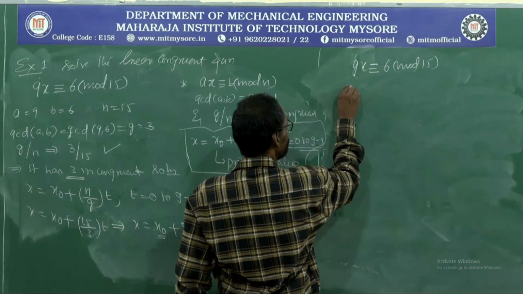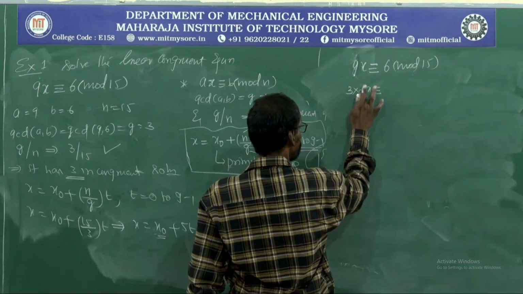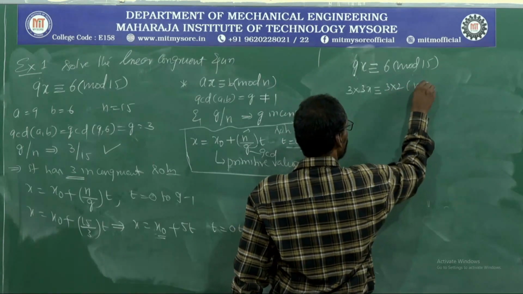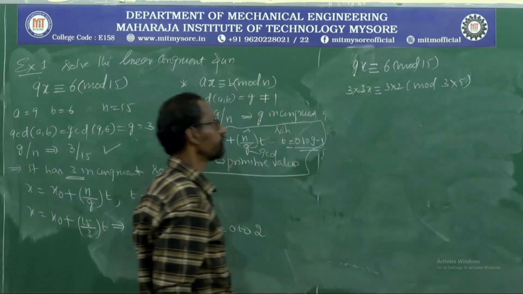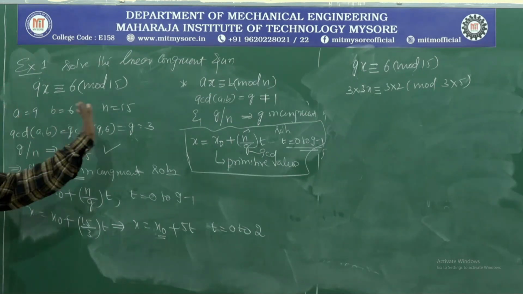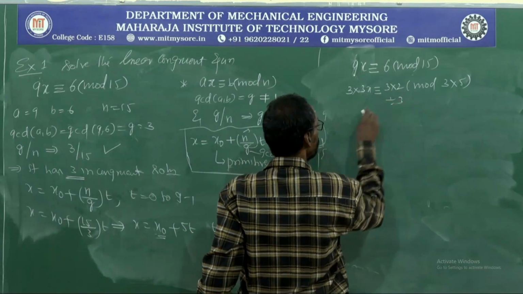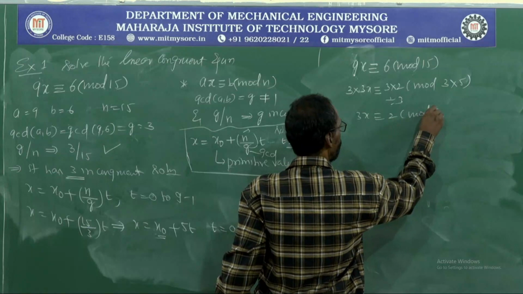We can write this as 3 times 3x equal to 3 times 2 mod 3 times 5. Use the property of congruence: if there is a common GCD throughout, I can remove that GCD. So divide by 3, and then we have 3x congruent to 2 modulo 5.